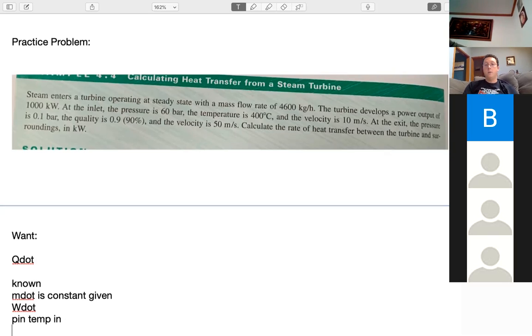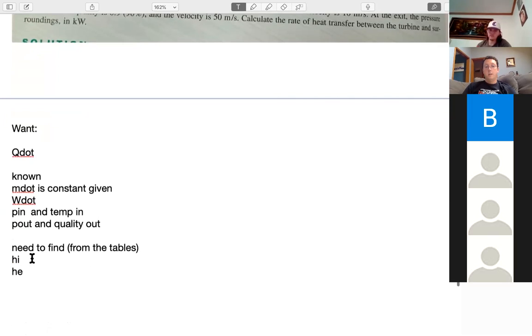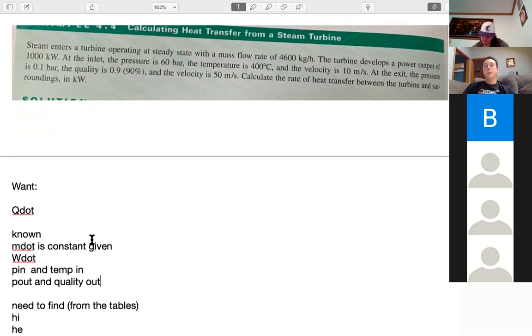We also know pressure out and quality out. So from the pressure in and temp in, I can get the enthalpy in and the enthalpy out.